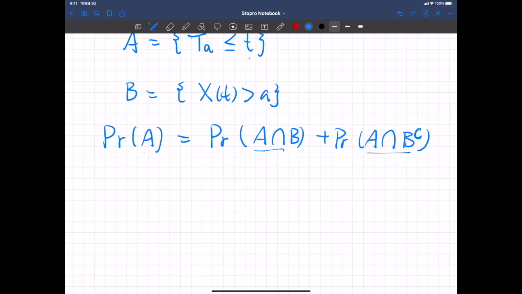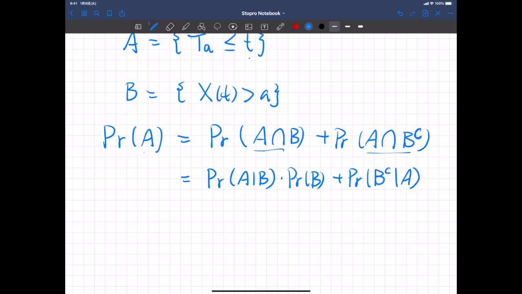Using the definition of conditional probabilities, we have the probability of A given B times the probability of B, plus, in this case we use a slightly different way: instead of A given B complement, we calculate B complement given A times the probability of A.